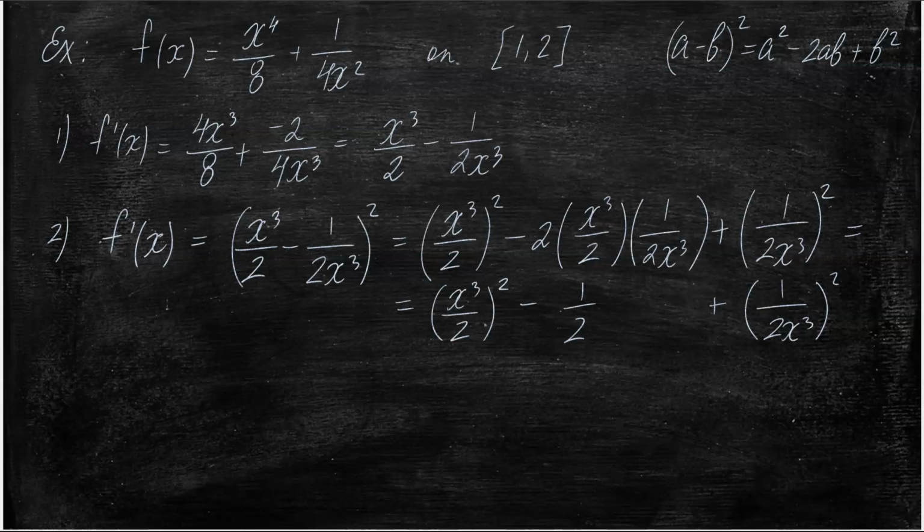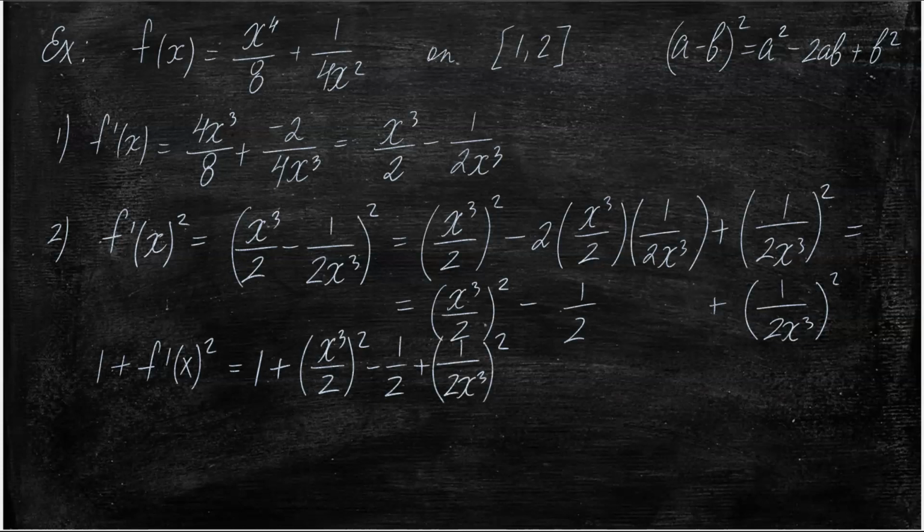So what does that mean? That means when I add 1 to the f prime squared, well, that negative 1/2 will turn into positive 1/2.